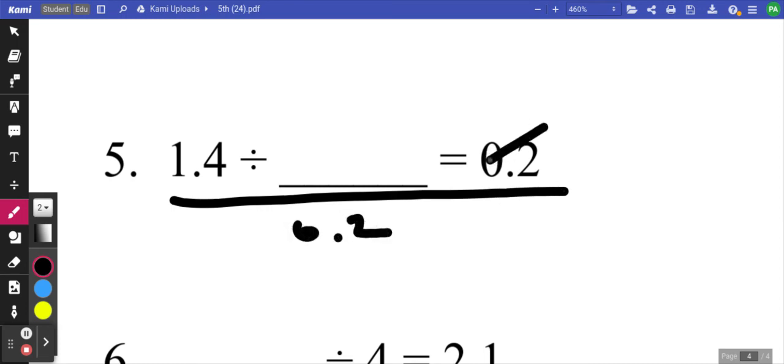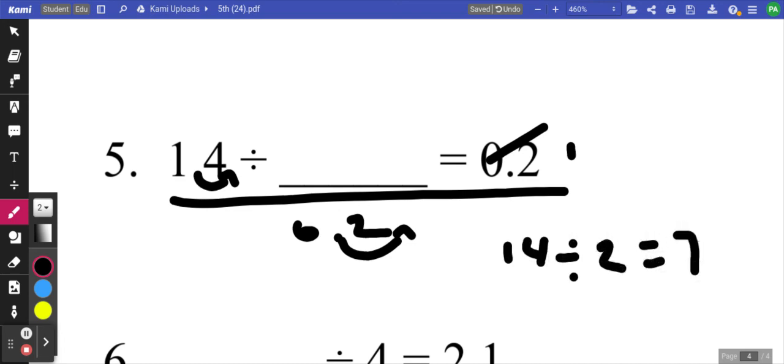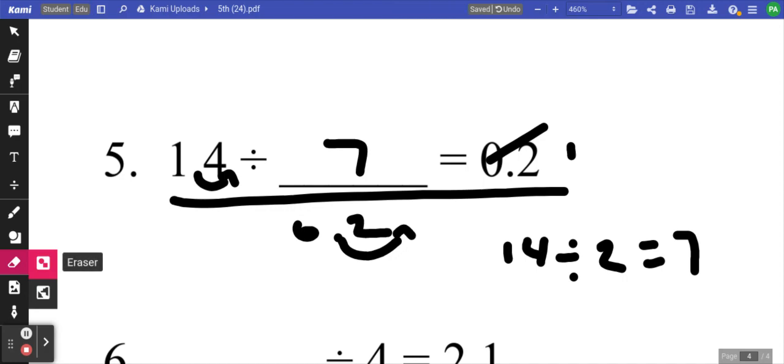So this turns 1.4. And let's just think about it. So let's move our decimal places like we do when we divide decimals. We see that we just need to move it once. And what you do to one side, you do to the other. 14 divided by 2 is 7. And that is your missing number. What is being divided? 7.